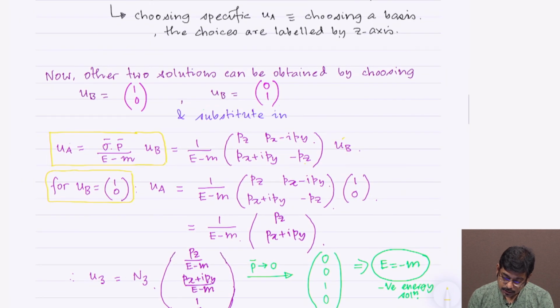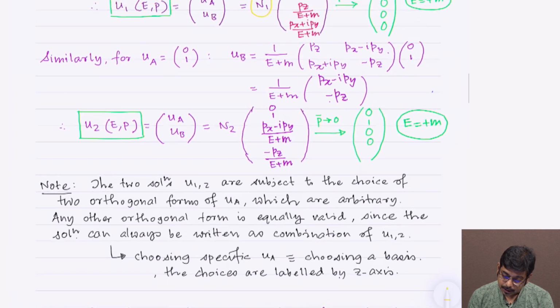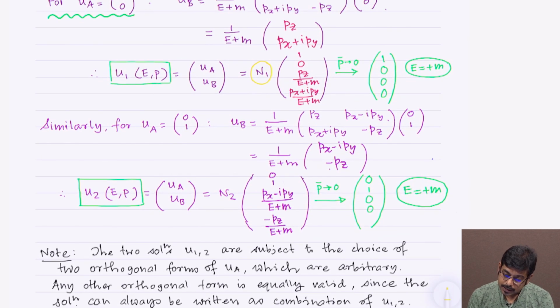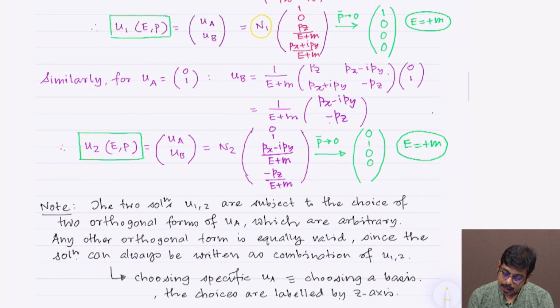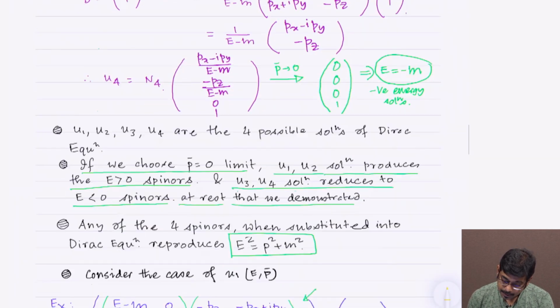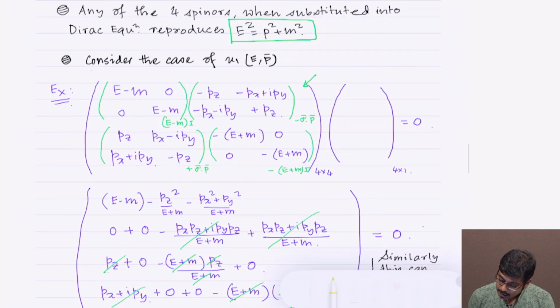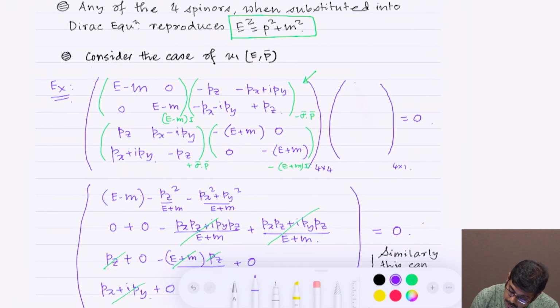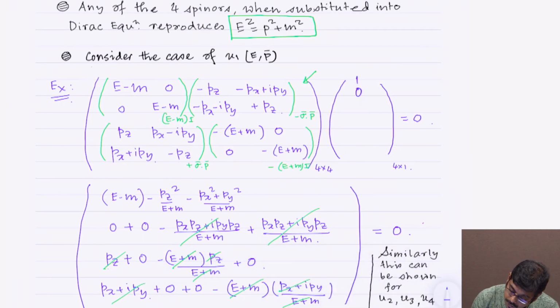U1 solution was of this particular form, right: 1 0, Pz by E plus m, Px plus i py by E plus m. Okay. So, let us choose that kind of solution. So, this is 1 0, Px plus i py by E plus m, and then Pz by E plus m.